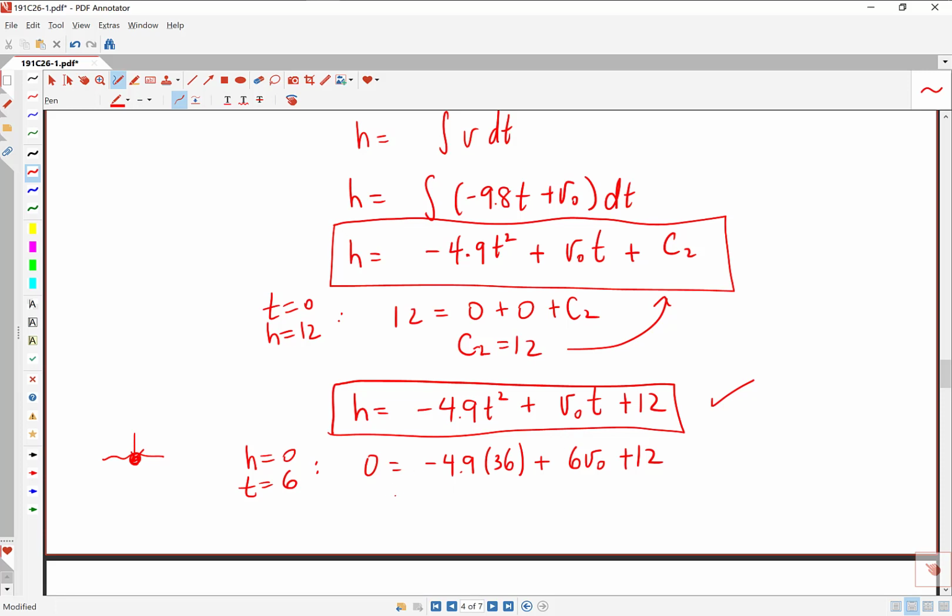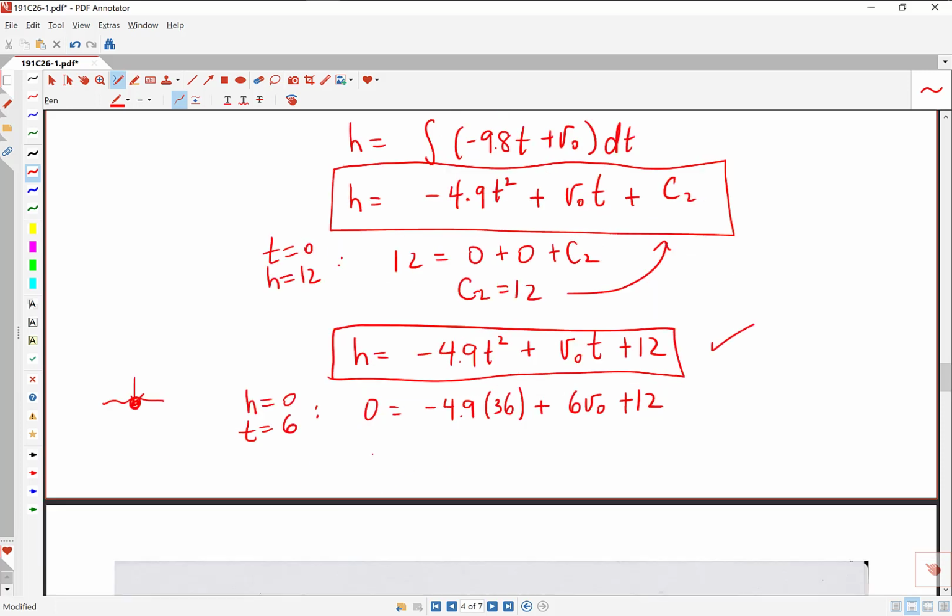So let's just bring two of the terms over to the left side. So 4.9 times 36 minus 12 is equal to 6v0, and then we can divide that whole expression on the left side by 6. If you're going to do this on your calculator, just remember you'd need brackets around the whole left side when you divide by 6. Comes out to 27.4 meters per second.